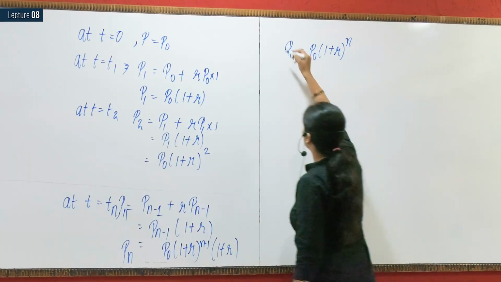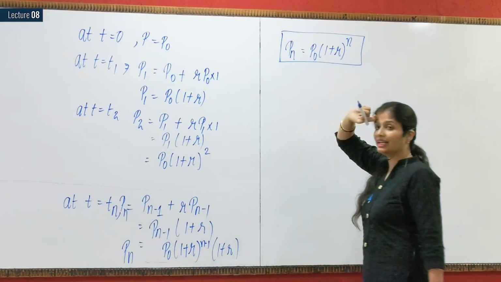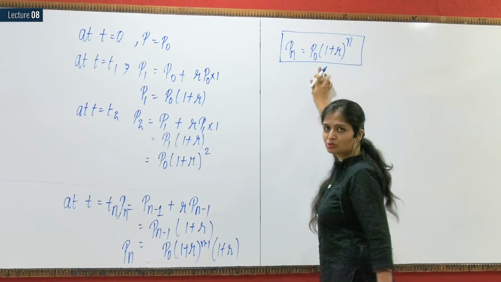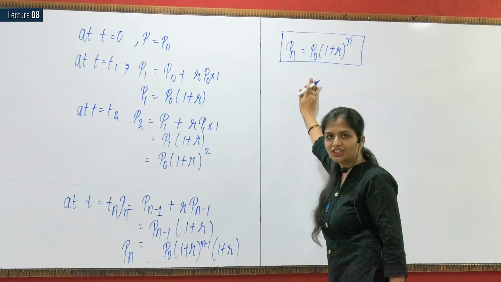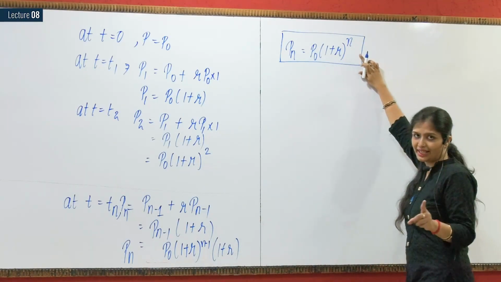This is the expression which you will be getting, where Pn is the population after n decades, and P0 was the last population or the present population as per the latest record census, and n was the number of decades.